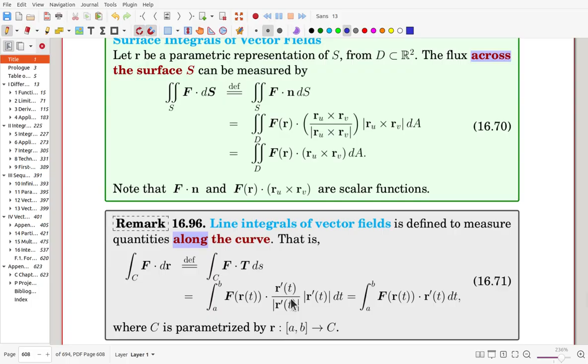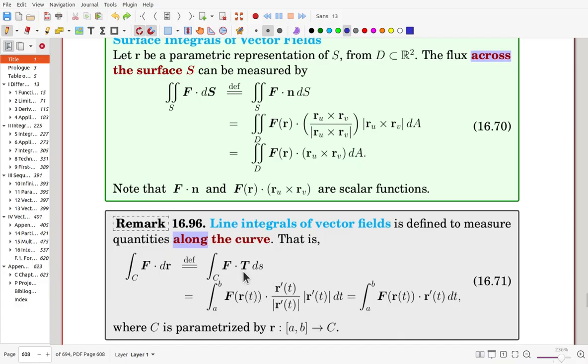This is quite similar to line integrals of vector fields. And again, for flux, we say across the surface. For a line integral, we say along the curve. Now, F dot dr, that is the definition. We are considering only the tangential direction.